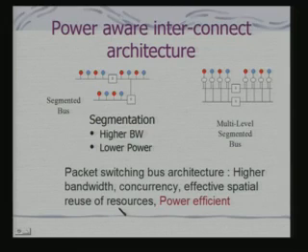So, it obviously offers higher bandwidth, concurrency, because there can be multiple packets being transferred simultaneously, and effective spatial reuse of resources. Why? Because if there is a single transfer in terms of circuit switching, the connection between two other elements which are not participating in the transfer does not get utilized. But when it is packet switching through the router, you can utilize that part of the path as well.